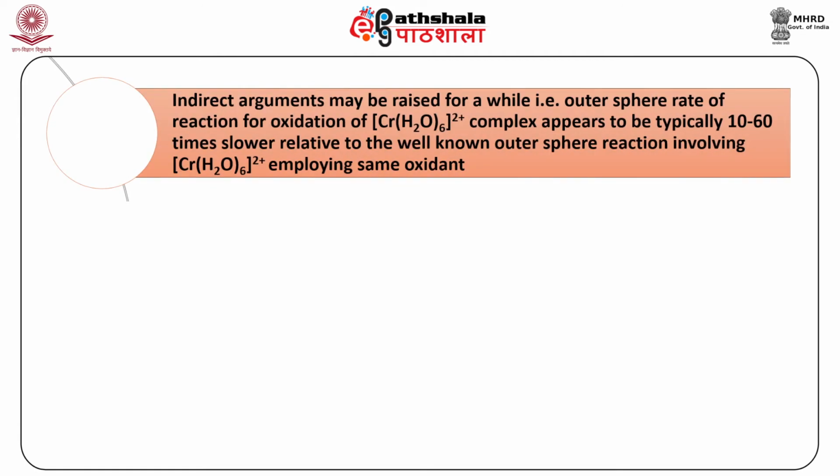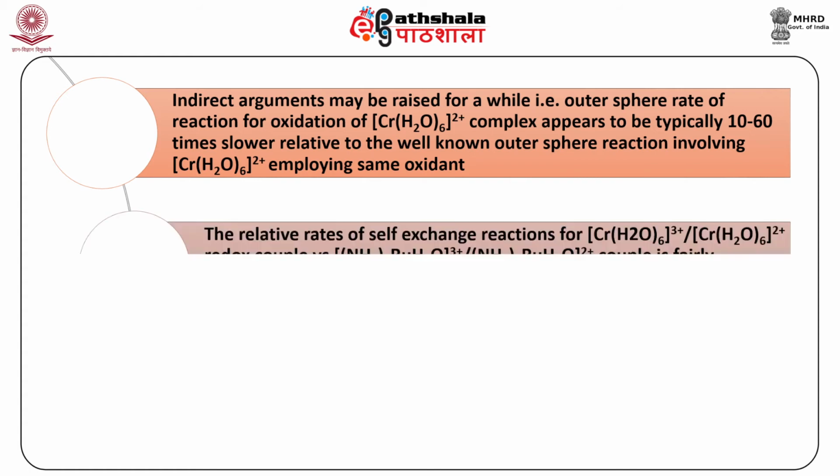For such a reaction indirect arguments may arise, because the outer sphere rate of reaction for oxidation of the hexa aqua chromium 2+ complex appears to be typically 10 to 60 times lower relative to the well known outer sphere reaction involving Cr(H2O)6, implying the same oxidant.